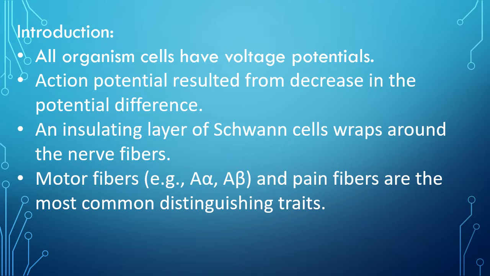These properties heavily influence the electrophysiologic behavior of distinct nerve fibers, such as the speed with which action potentials propagate and the excitability threshold. Motor fibers, for example A alpha and A beta, and pain fibers are the most common distinguishing traits.